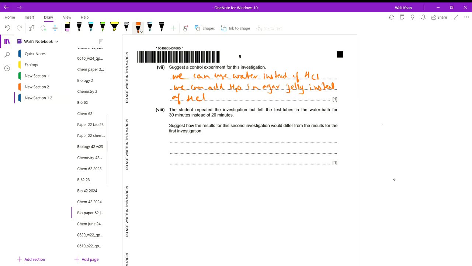So we increase the time from 20 minutes to 30 minutes. So what is the effect?